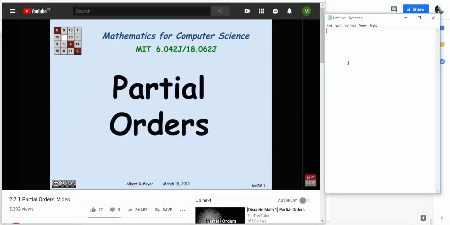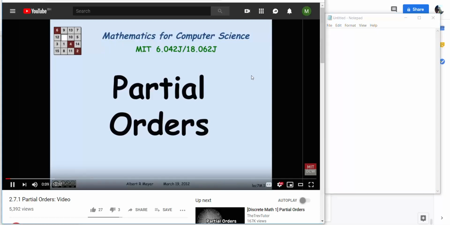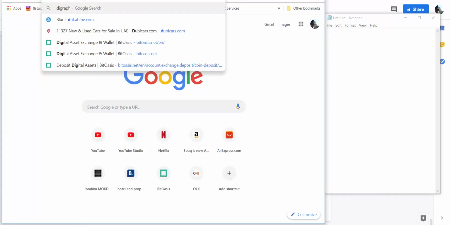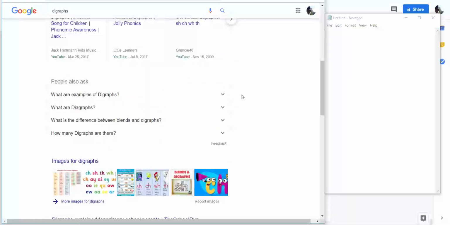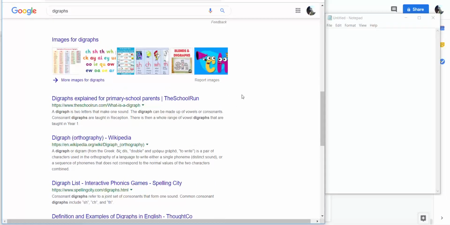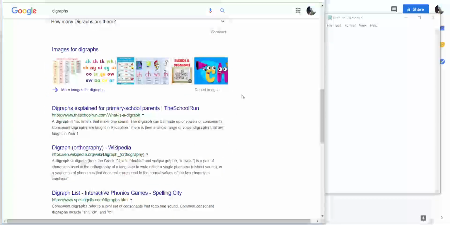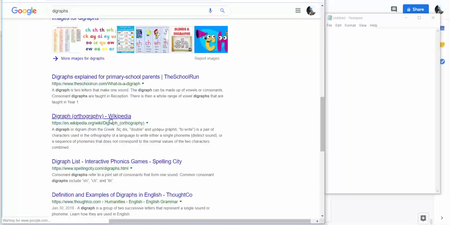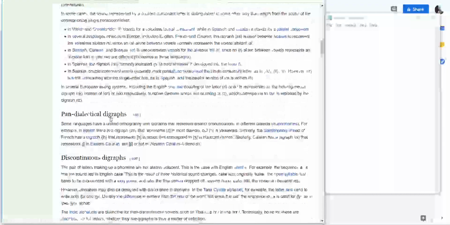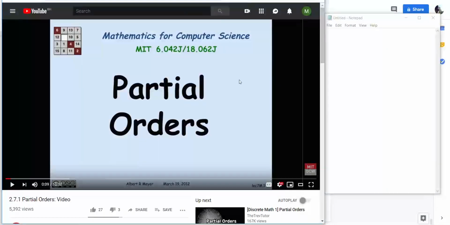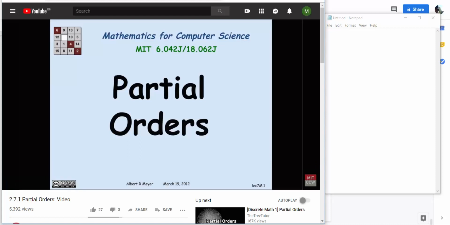Partial orders are another way to talk about digraphs, and they offer to us an interesting lesson in the idea of axiomatizing a mathematical structure and mathematical ideas.